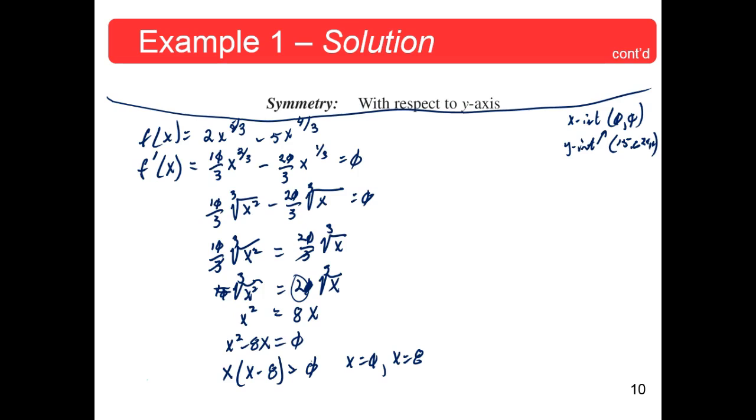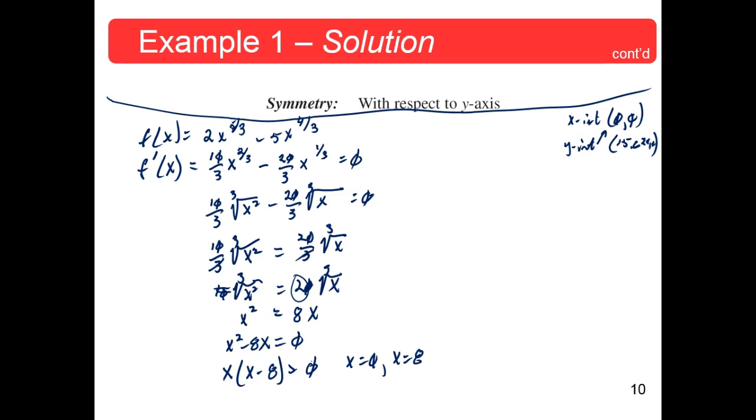Guess what? It can't be neither. That's going to be either a max or a min, because it's reversed, not crossing there. So we do know we have a critical value at x equals 0, and at x equals 8, we'll have to see what happens there. We know the first derivative is 0 there.